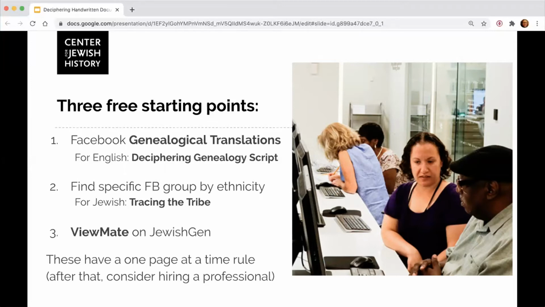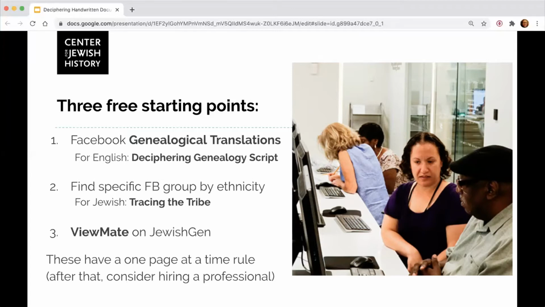For Jewish genealogy, we can steer you towards Tracing the Tribe, and you might find for other ethnic groups, whatever group might be helpful to you on Facebook. You could inquire if you can post a document to be translated.